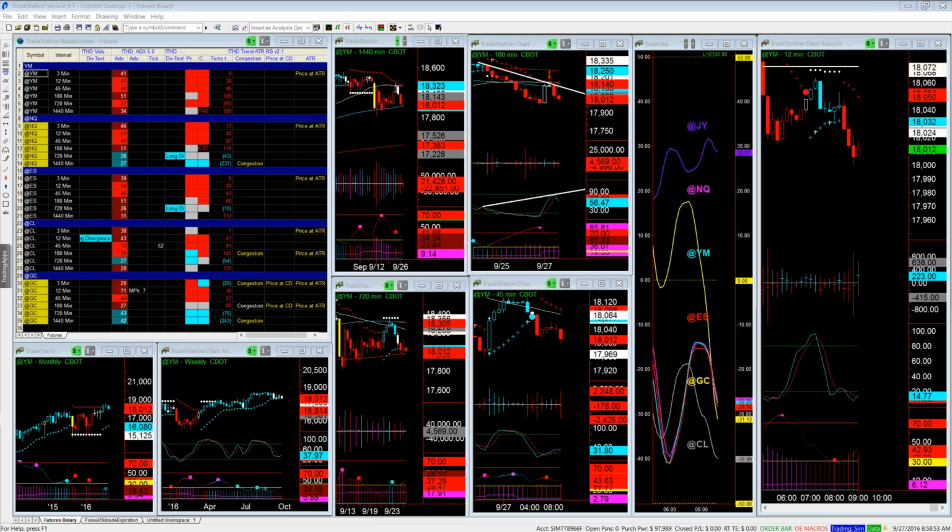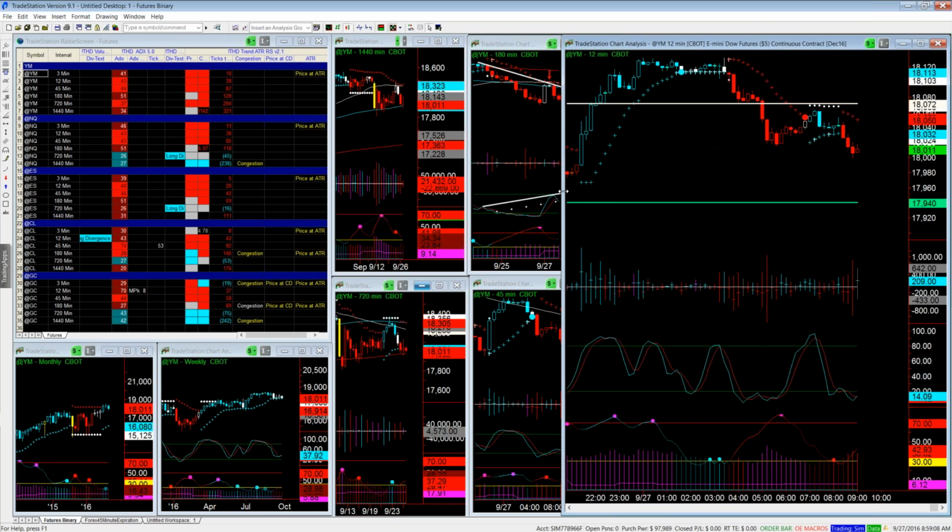And this has happened a lot lately, only because we've had a lot of market movement overnight. Not as much during the day. In fact, during the day, they usually reverse it on you. And on this one, you don't have anything until it gets down to 17,940.